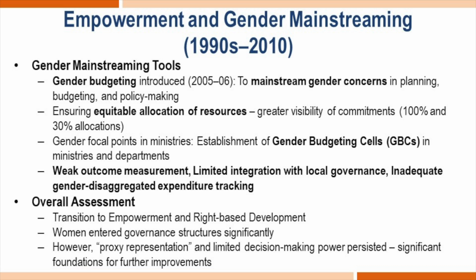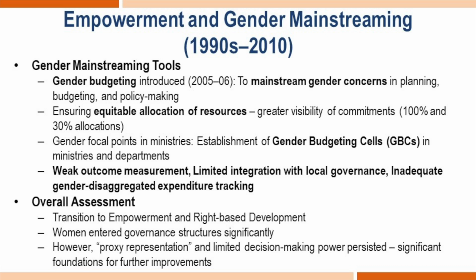It also tried to establish different gender cells in different ministries and departments. However, due to weak outcomes, measurement issues, limited integration with local governments, inadequate gender disaggregation, expenditure tracking, etc., we could not make much progress, but still it provided a strong foundation during that period.